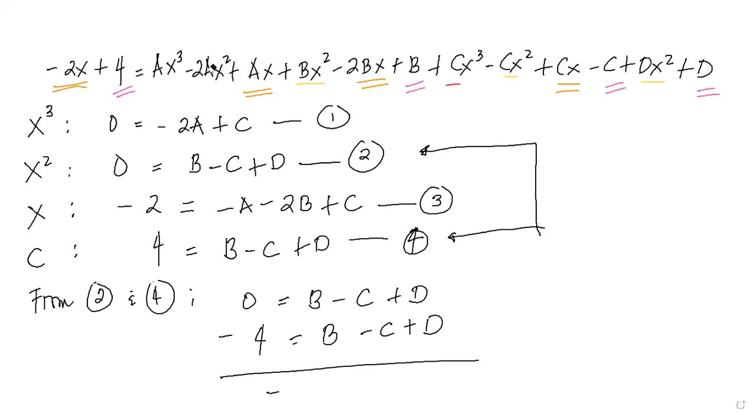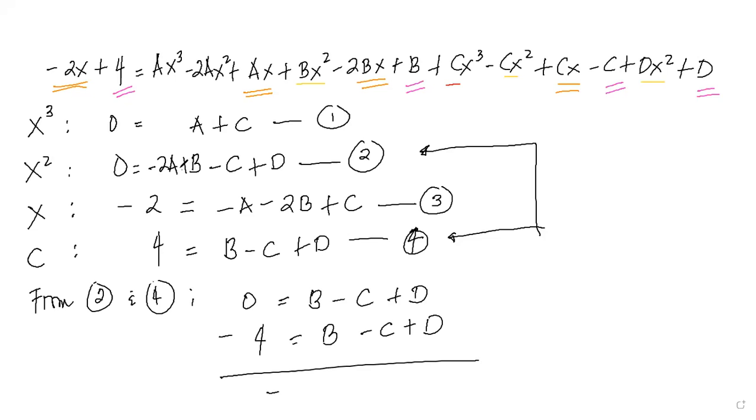Now, in the x cubed, this should be only A and C, correct. X squared should be 0, x squared is negative 2A. So I have here negative 2A, then what is the other one?